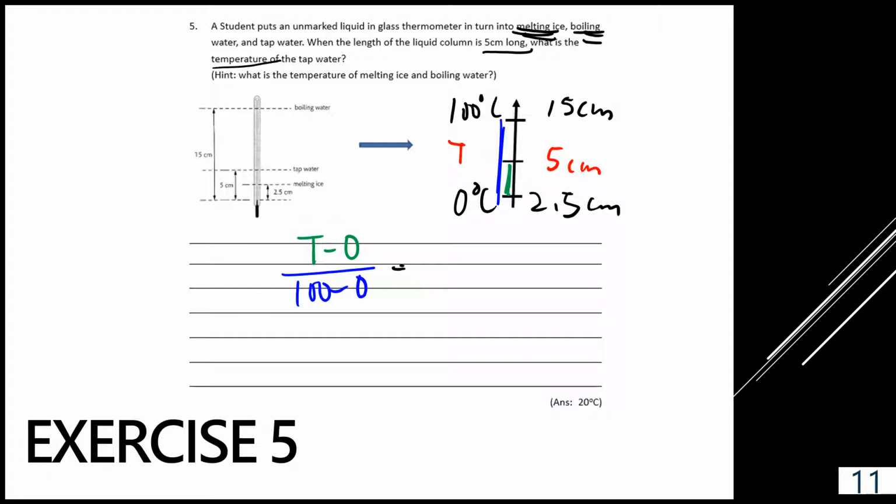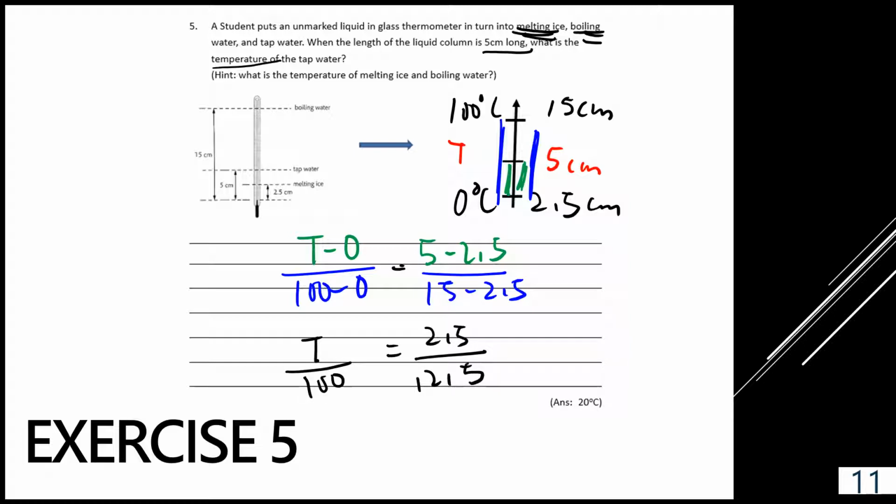That equals the green one, 5 minus 2.5, and the blue one, 15 minus 2.5. If you simplify it, you'll find 2.5 over 12.5 equals T over 100, and then you'll find that it is 20 degrees Celsius. So this is how you can get the answer.